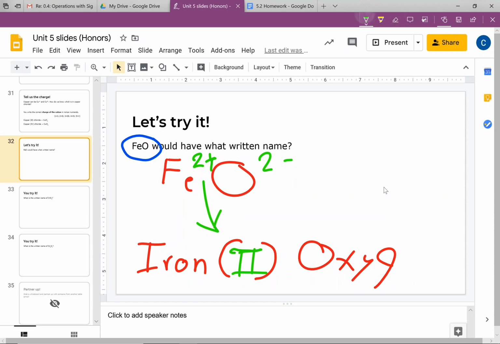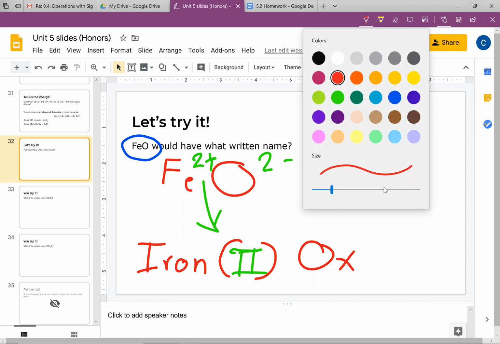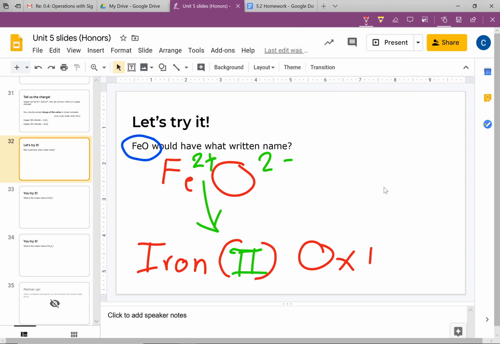oxygen. Bad. What's the suffix that Mr. Brester forgot? Yeah, it's oxide, right? Silly Mr. Brester. So iron 2 oxide. Good.